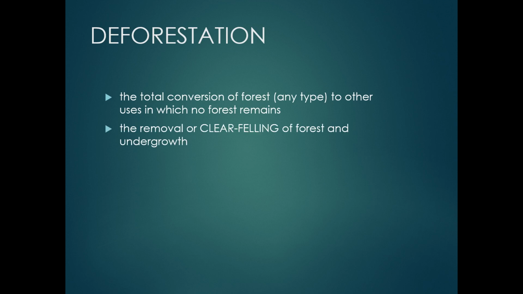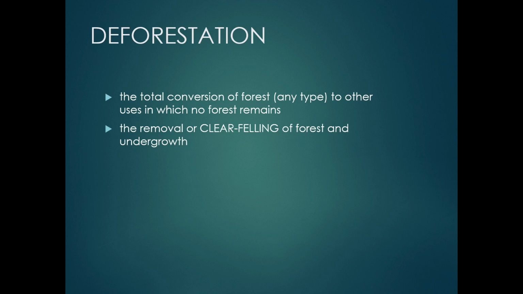There are different terms you hear with regards to this. Basically, it's the removal or clear felling, which refers to cutting down all the trees, not just the trees that might be used for lumber or fuel wood, but also the undergrowth, the low shrubs and grasses.